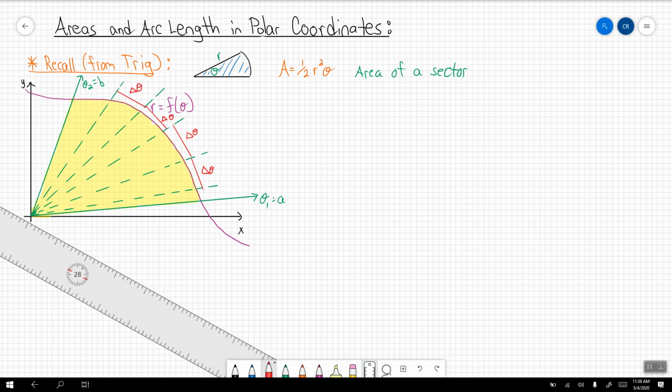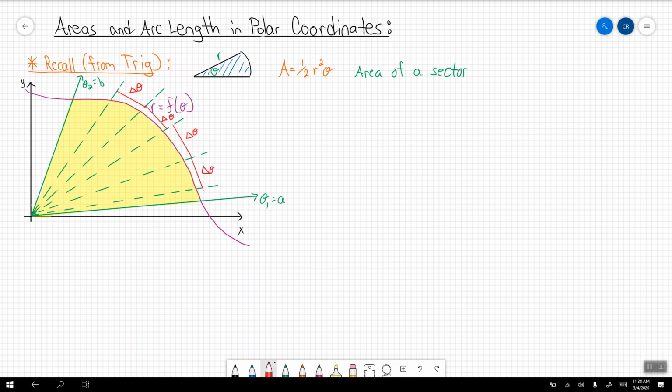All right, so instead of delta x, we have this delta theta that we have to then consider. We're going to be looking at what is that change in theta for this overall region that we're observing. Once we start looking at this, let's see how we can start building this specific area.